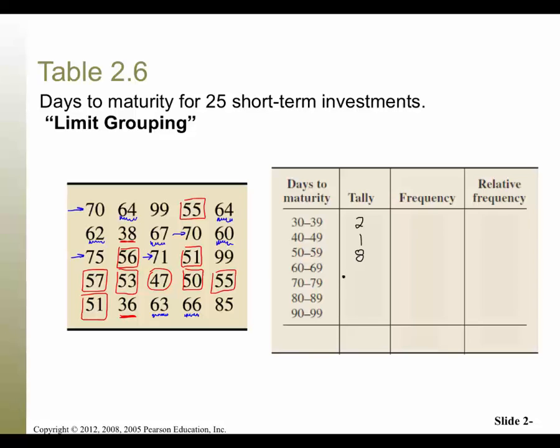Seven, I had for 60 to 69. I had 4, is that right, for 70 to 79? One and 2. Okay, so 2, 1, 8, 7, 4, 1, 2.